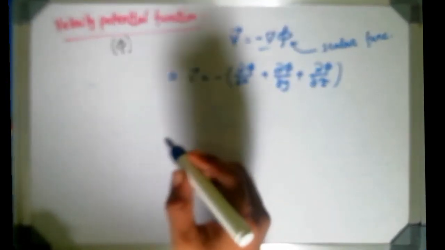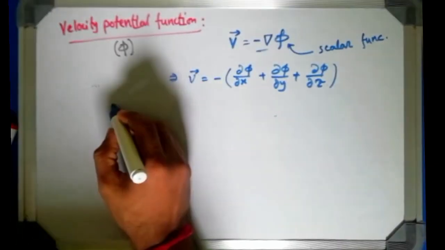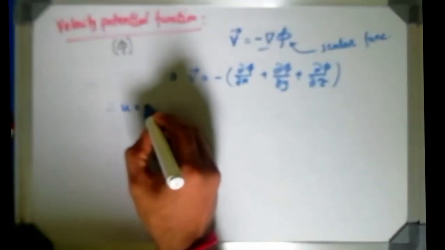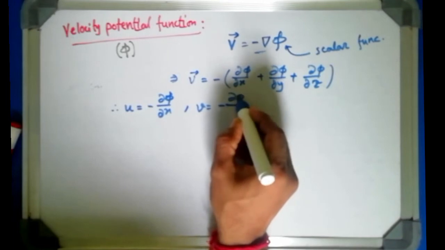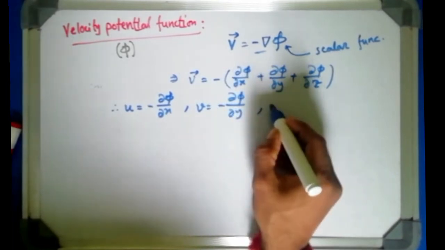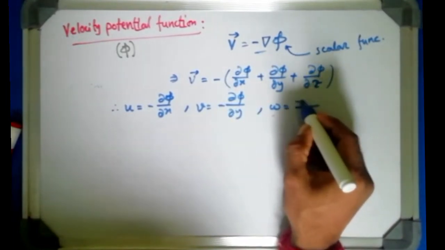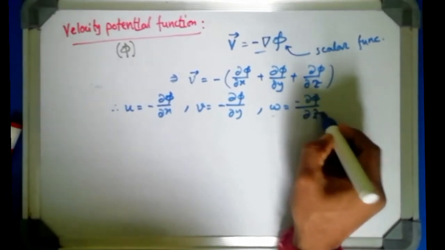Okay, so now see, from here obviously I can write again that u is minus del phi del x, v is minus del phi del y, and w is minus del phi del z.